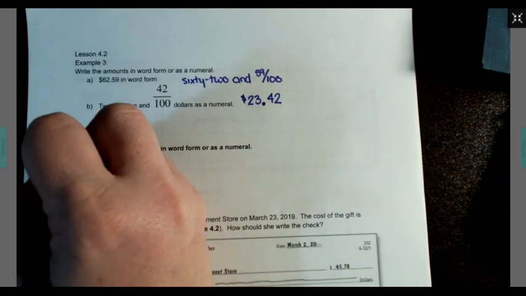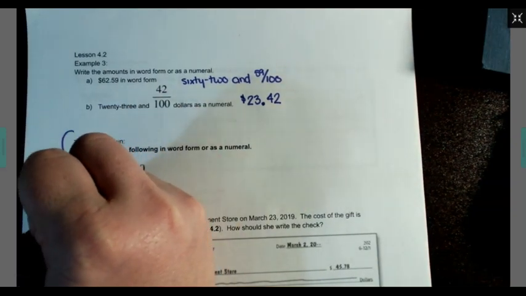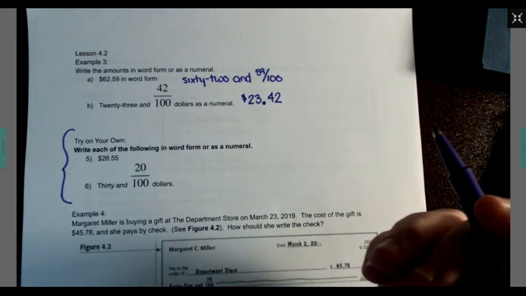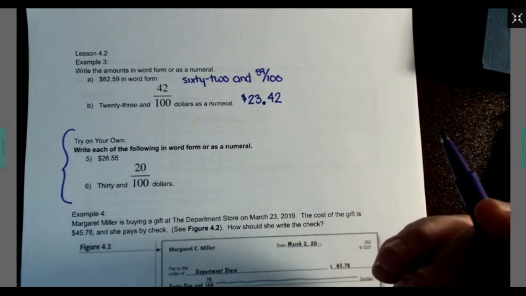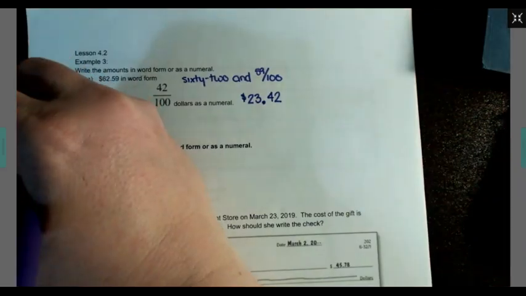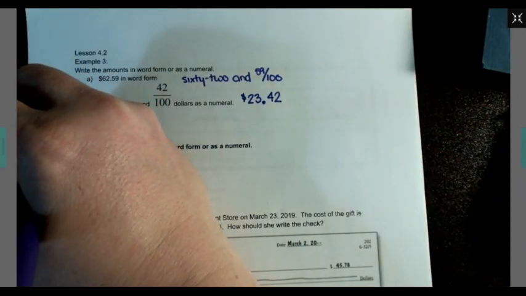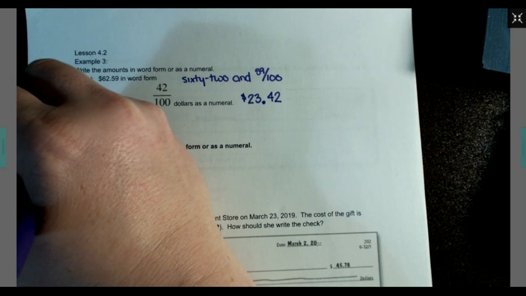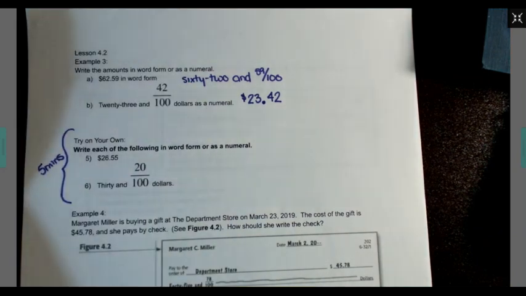Here in this section, we have 2 questions in the try on your own. They say either write the number as word form or as a numeral. Take about 5 minutes, if that, to answer questions 5 and 6 for the try on your own.